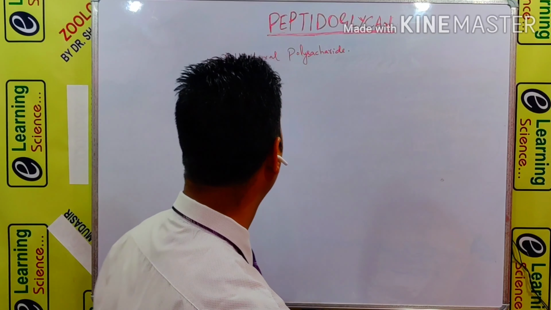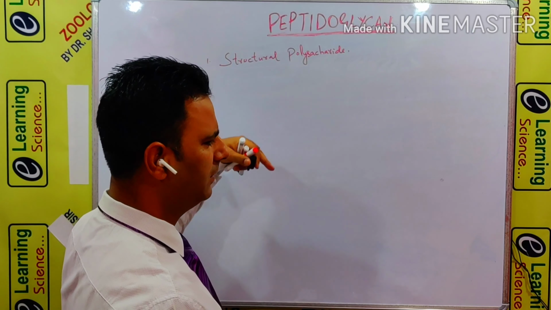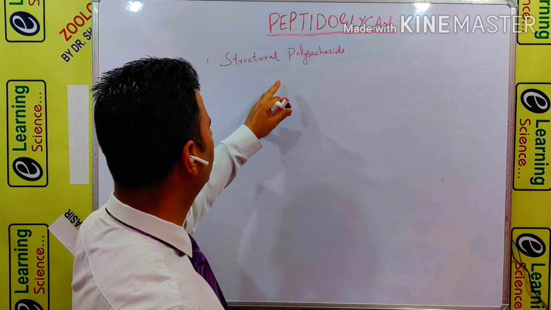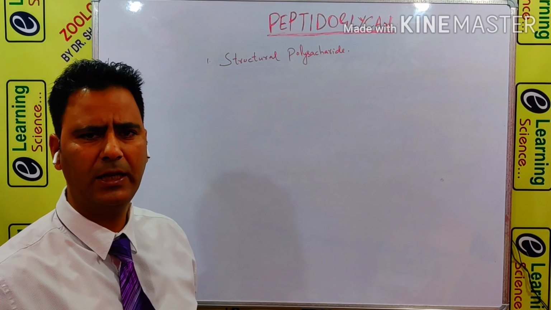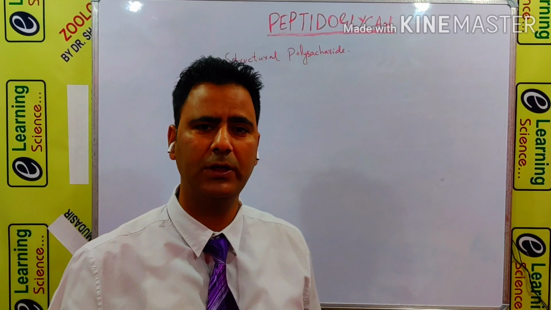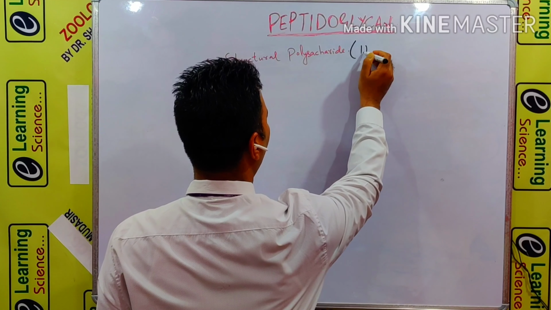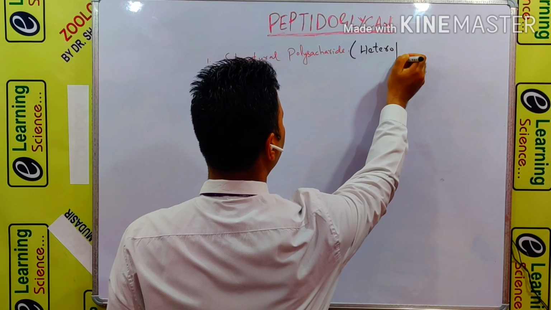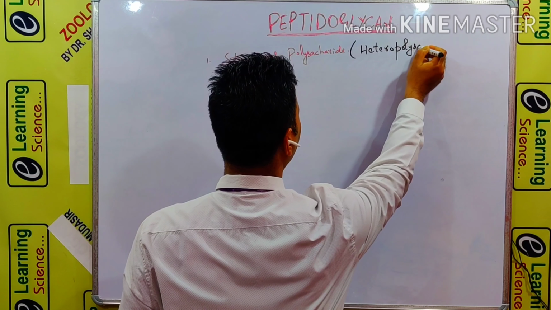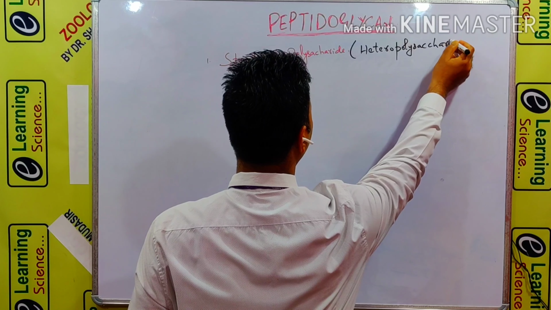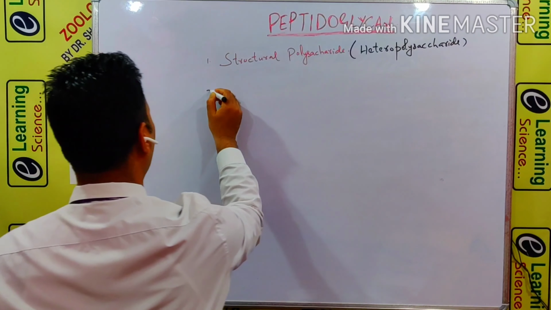They are structural polysaccharides. Even peptidoglycan is also a heteropolysaccharide, so it is a structural polysaccharide, but a heteropolysaccharide.